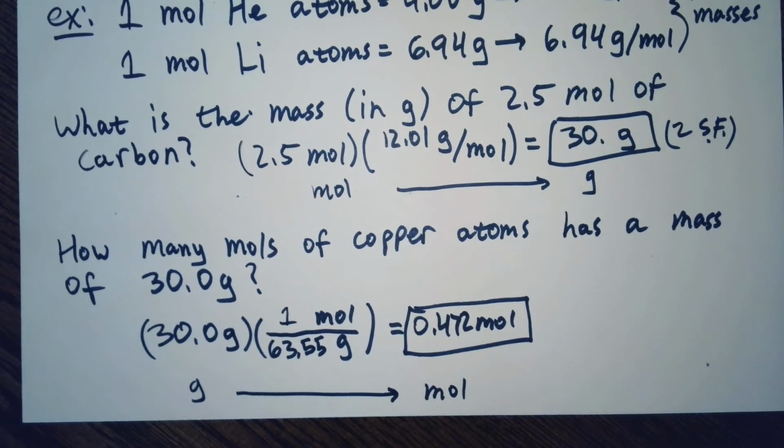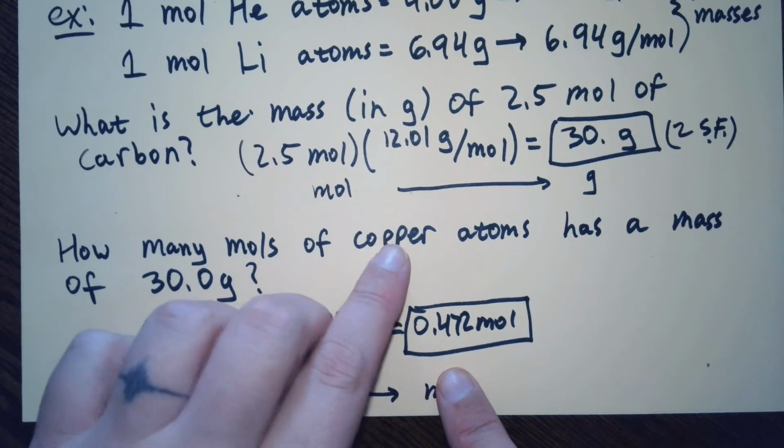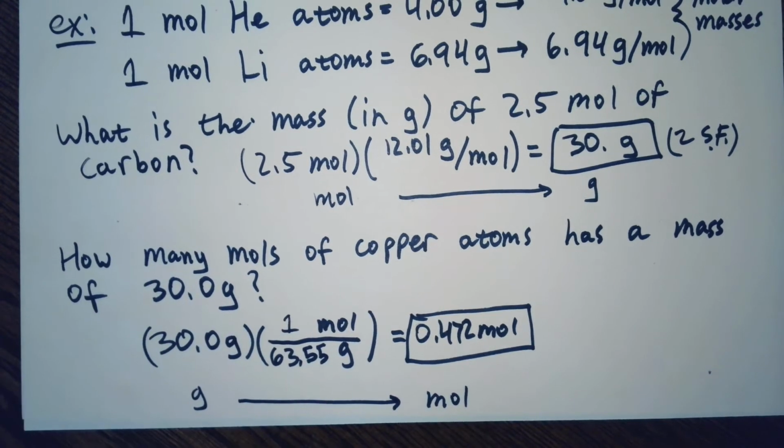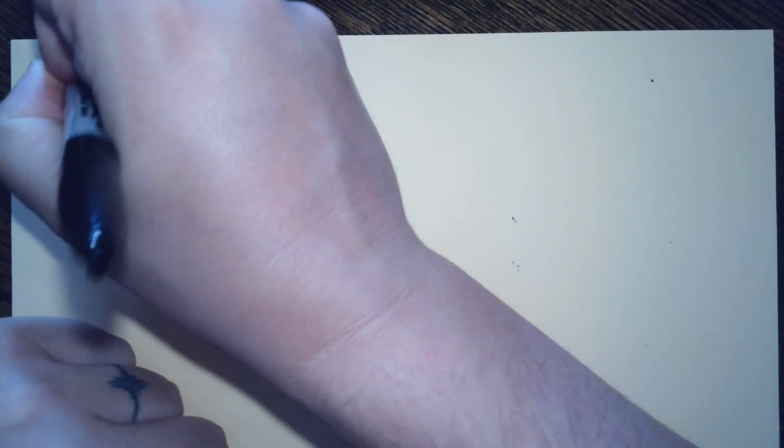And so this is the story for a single element, right? Atoms that are all the same type. What if we're dealing with a compound? If it's an ionic compound or a molecule or something like that, what do we do? How do we know what the molar mass is? Well, we just add up the pieces.